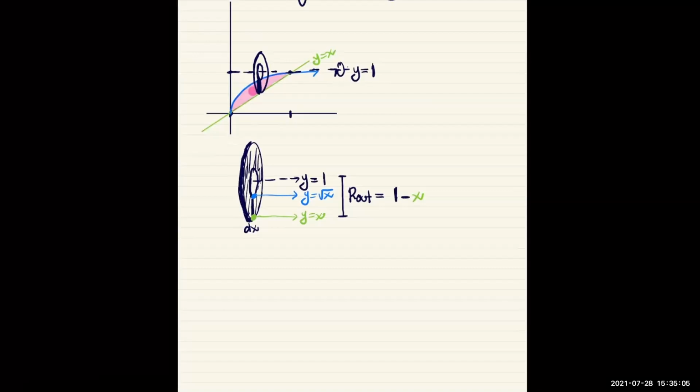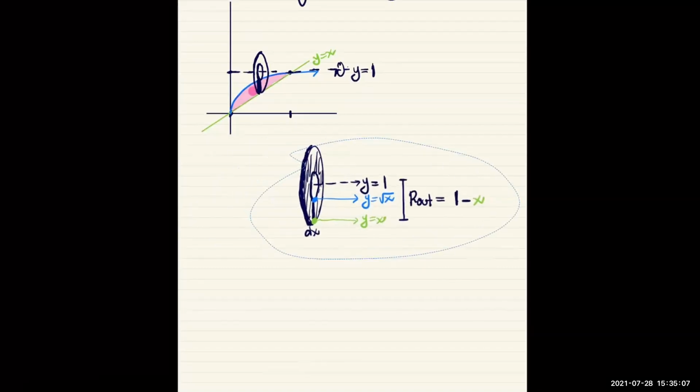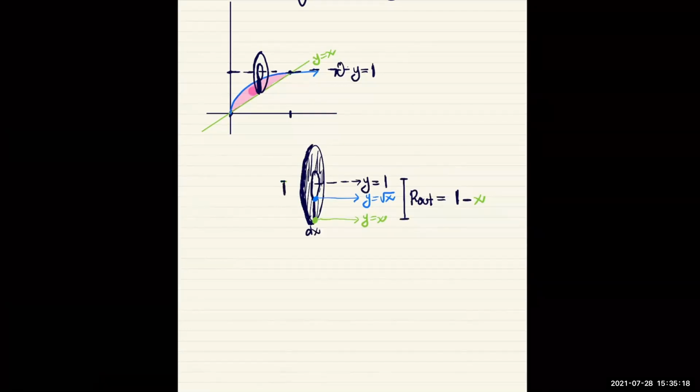Okay, and the inner radius, which is the distance from the center to the point on the inner circle. So that's again top minus bottom. Bottom is root x. The difference between those two.